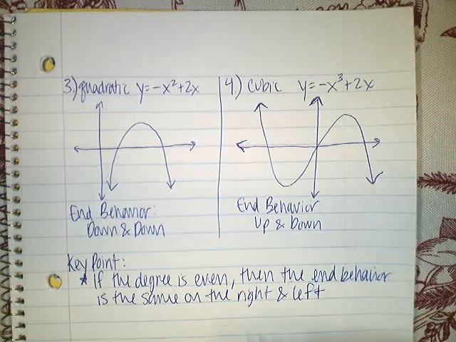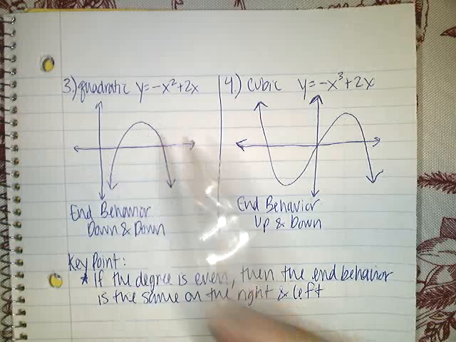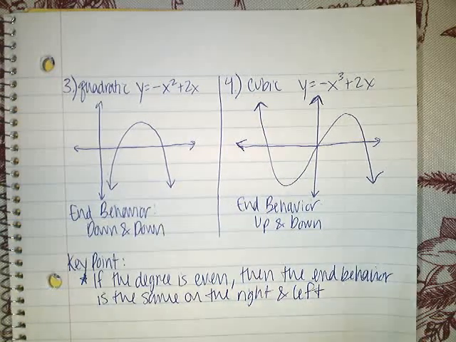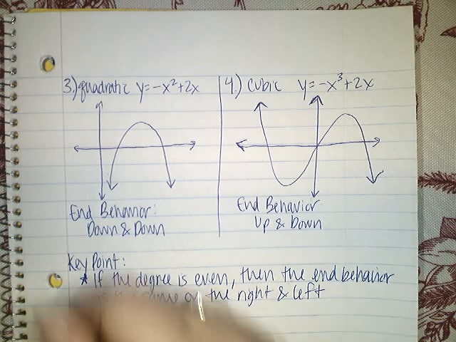So it's the same on the right and left if the degree is even. So again, our quartic and our quadratics were the same. They're both up, up, or down, down. So if your degree is even, it's going to be the same on the left and right.